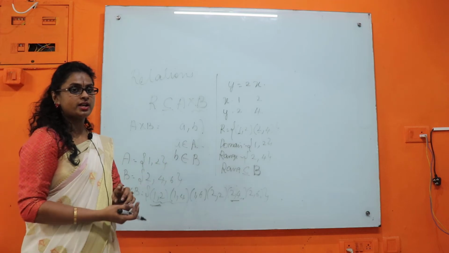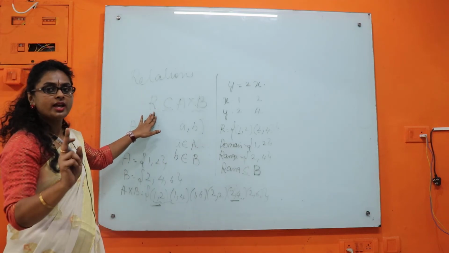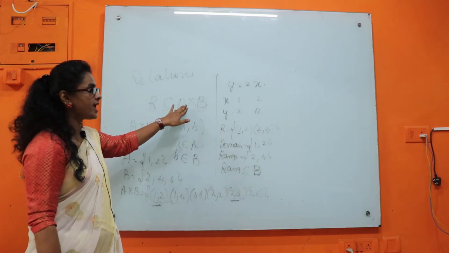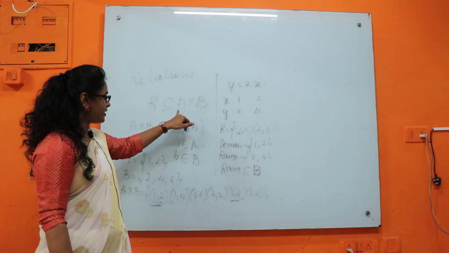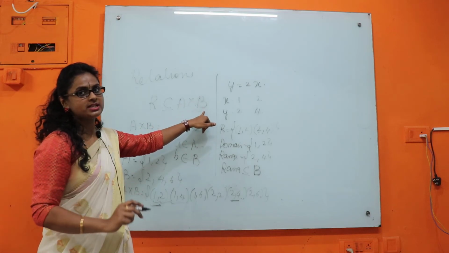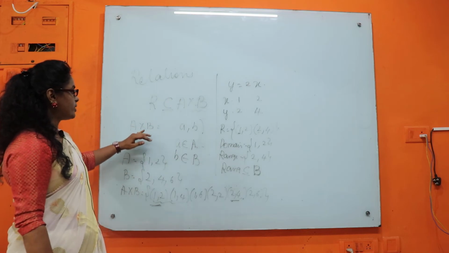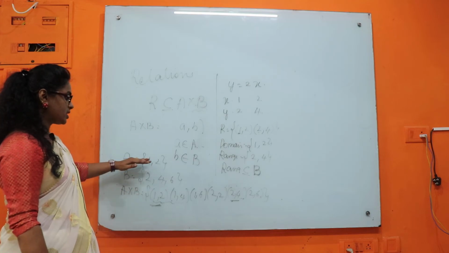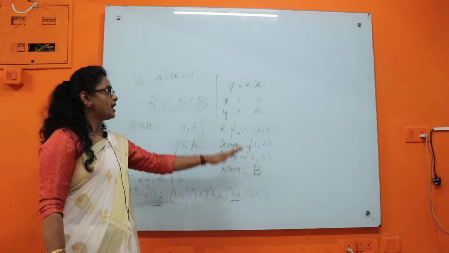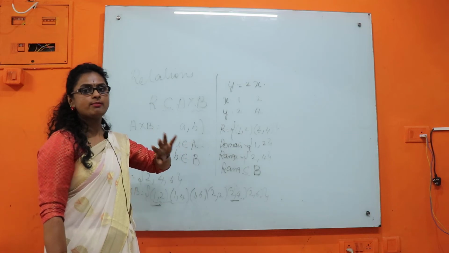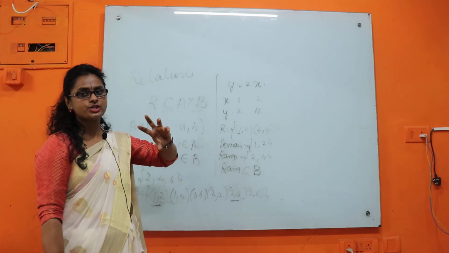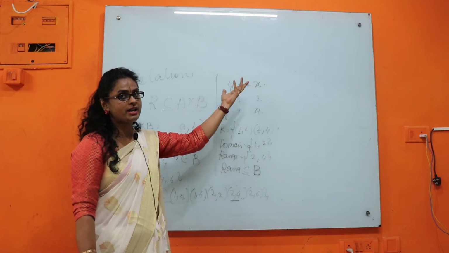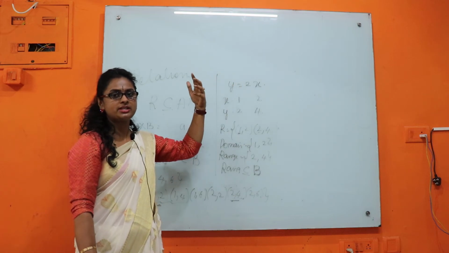So what did we all study now? We studied that a relation is a subset of the Cartesian product A cross B, where A and B are 2 non-empty sets. After that, we saw what a Cartesian product is and how it can be formed. Next, if we want to establish a relation, obviously we need to have an expression. I have just taken it as an example. It's not mandatory that you take this same example.